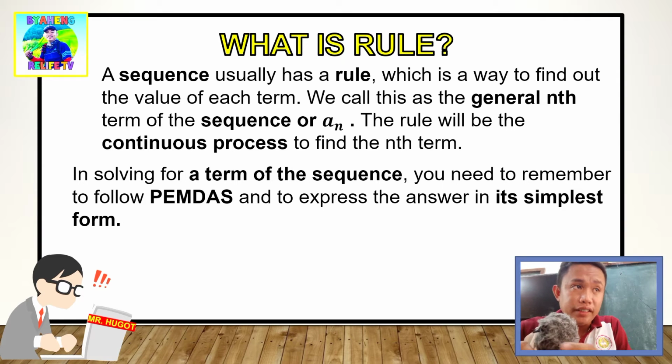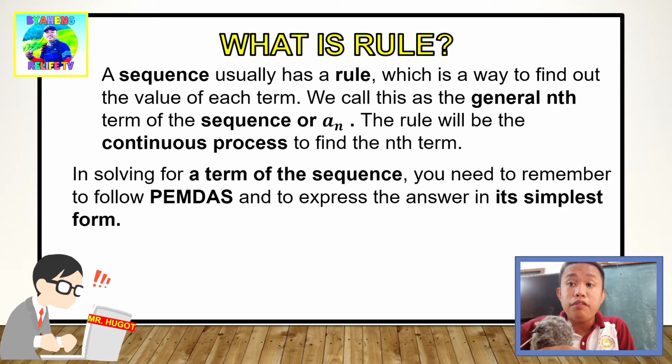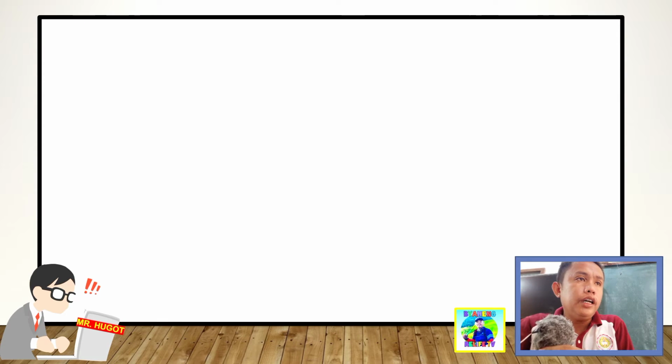It's short for parentheses or the grouping symbol, E for exponent, M for multiplication, D for division, A for addition, and S for subtraction. After that, we're going to simplify our answer. If we're talking about fraction, isi-simplify po natin yun at laging dapat simplified form. Now, let's try to have some example para mas maintindihan natin.